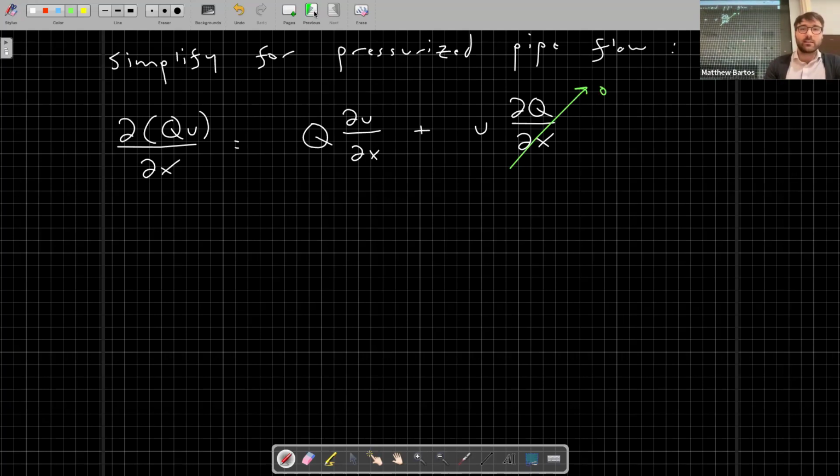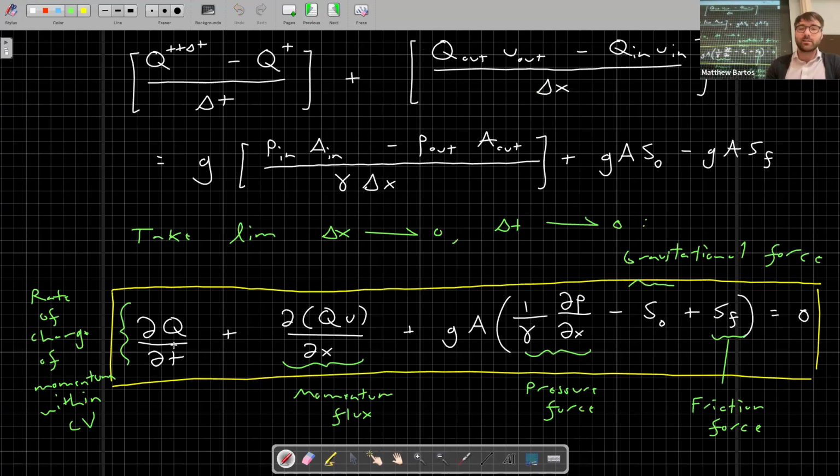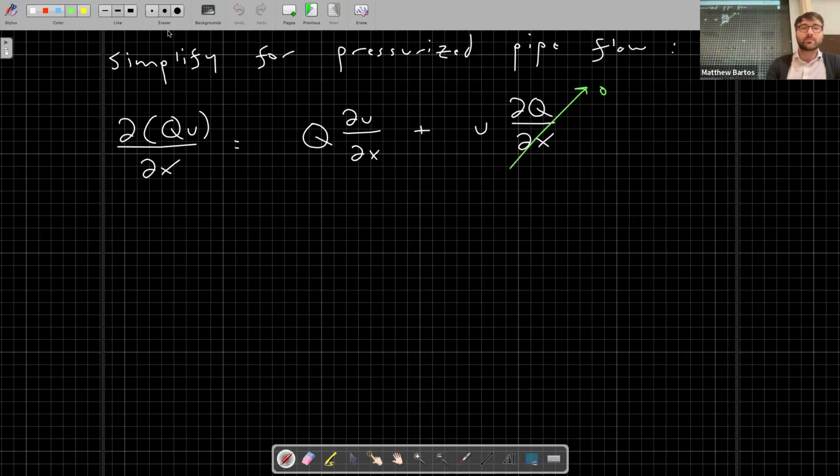Okay, next, let's look at this other term here, dQ/dt. How can we re-express Q, the discharge, in terms of other variables we might know? Yes, the discharge Q is equal to the velocity times the cross-sectional area.